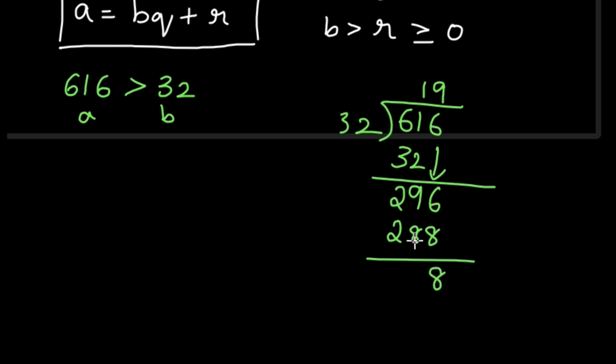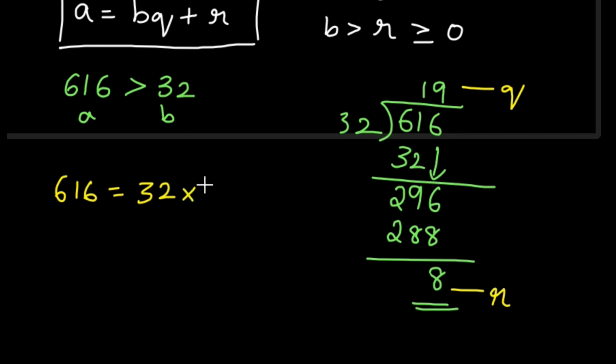This will be 8 minus 8 is 0. 2 minus 2 will give you 0. So the remainder here is 8. This is your R, this is your Q. So we have A is 616 equals B is 32 multiplied by Q is 19 plus R is 8.